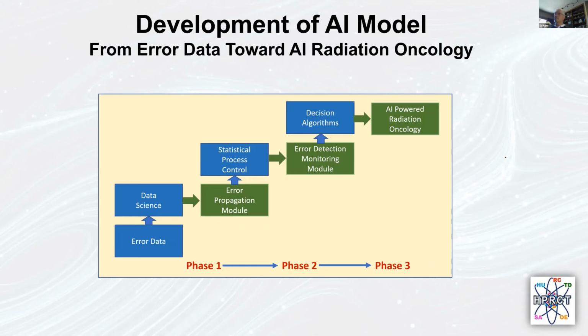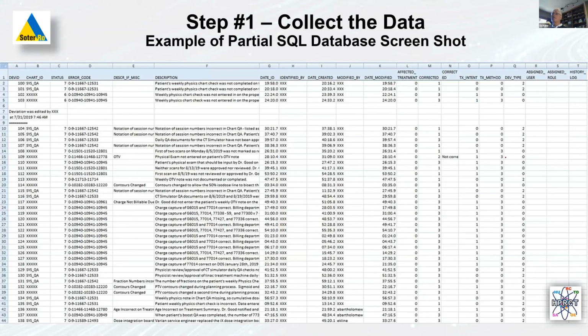The images that were not taken before you treated, we're alerting you before they treat, so you don't make the mistake of mistreating by greater than 2 millimeters from the intended radiation field versus the actual radiation field. So that's how Kline would work. Here's an example in step one of this partial SQL database.